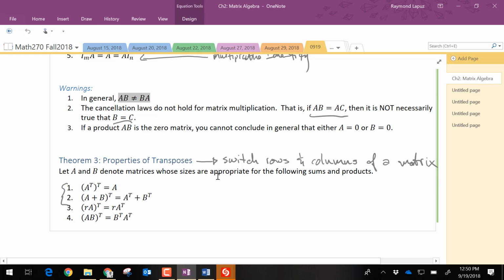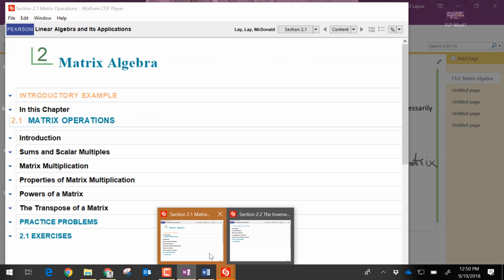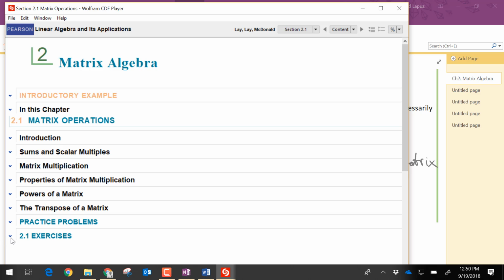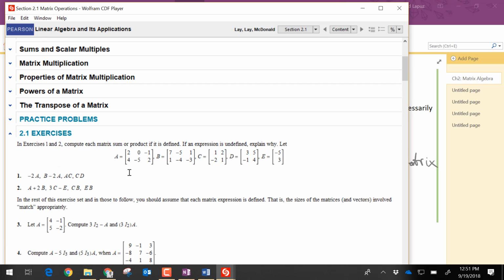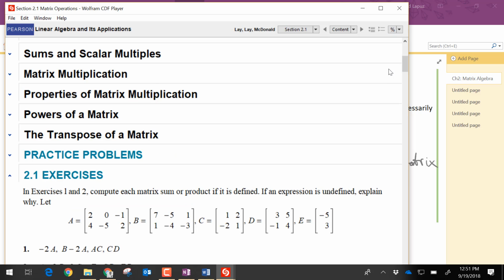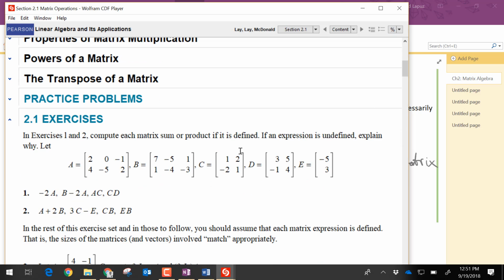So that was from last time, and this time I want to, well, we could probably take a look at a couple of problems from section 2.1 just to provide some examples. Let's take a look at number 1 and 2.